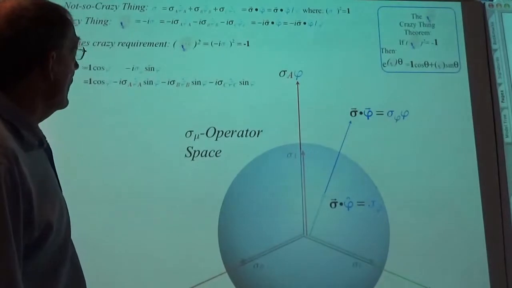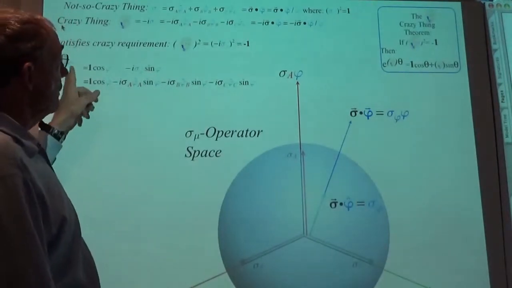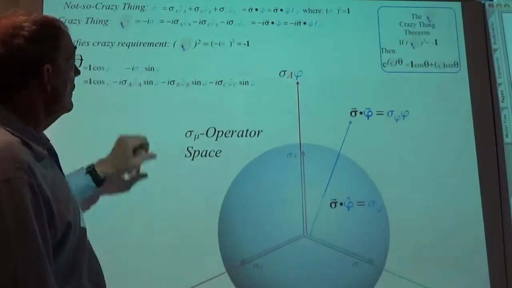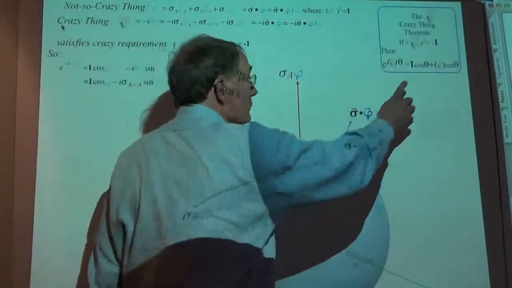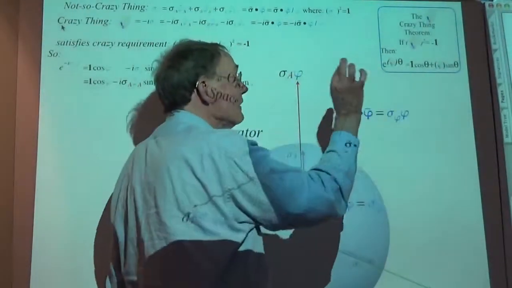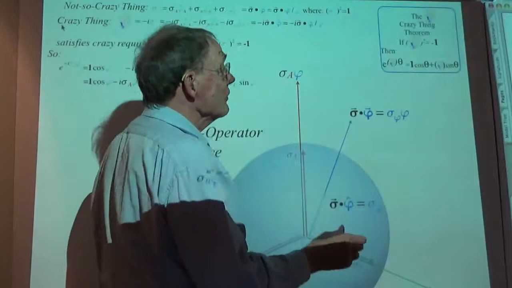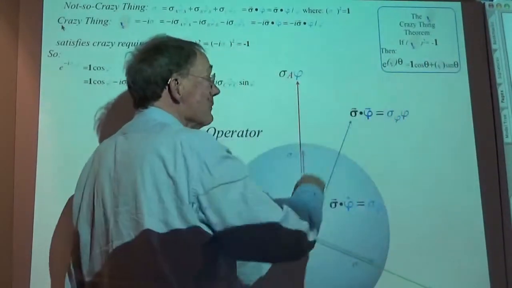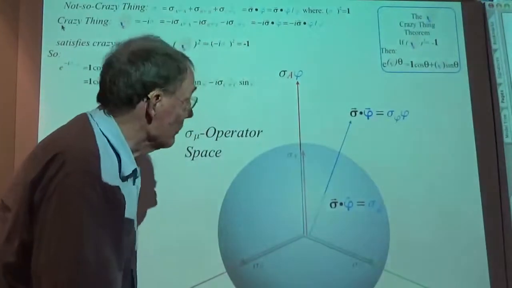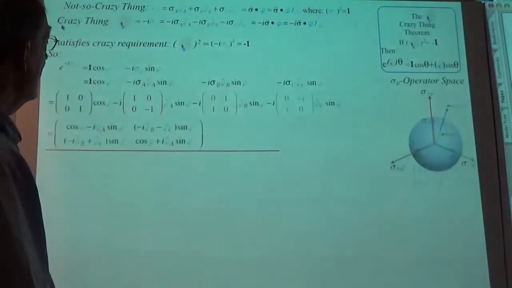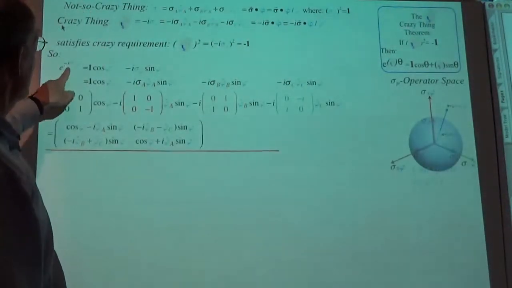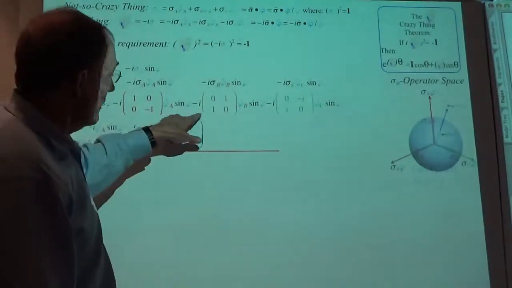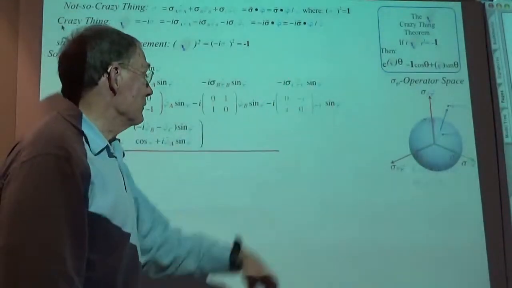So that's the thing that comes out from the crazy thing theorem: we want these crazy things that are sitting right here to have a unit in the sense of its square being -1, or I times it being +1 squared. So that's the actual picture of this thing again, according to the crazy thing theorem.